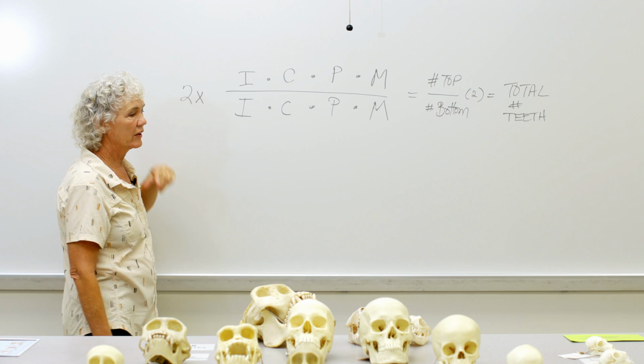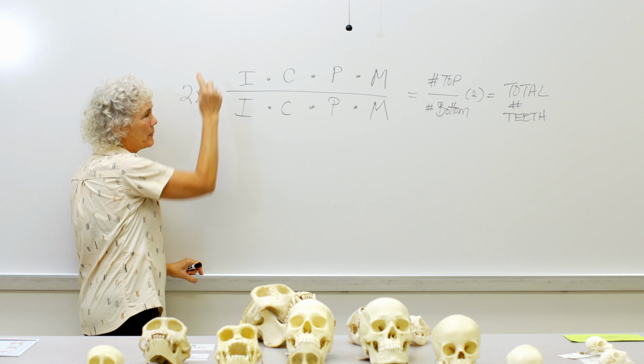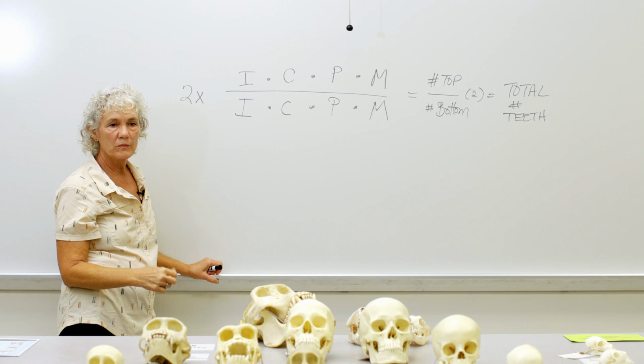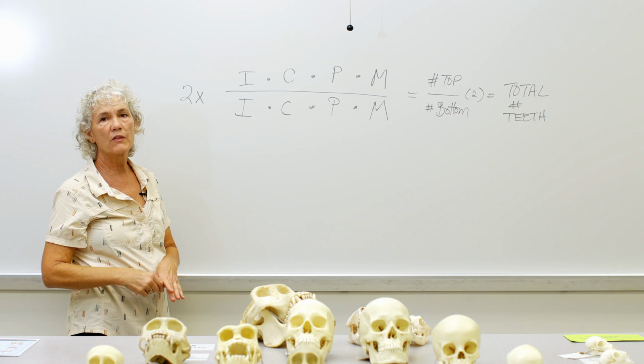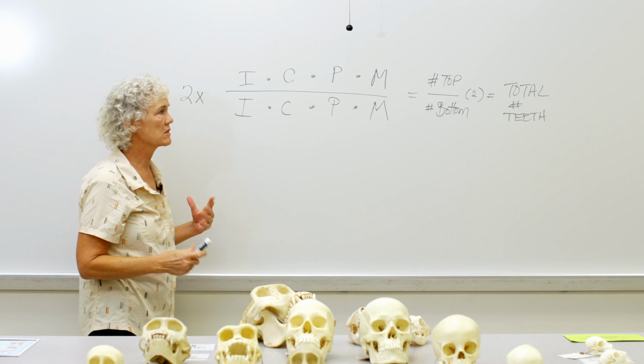So we're going to be counting or looking at half the teeth on the top and half of them on the bottom. And because organisms in this room are bilateral, that means that they have the same teeth on the one side versus the other. All right, so everything is the same.